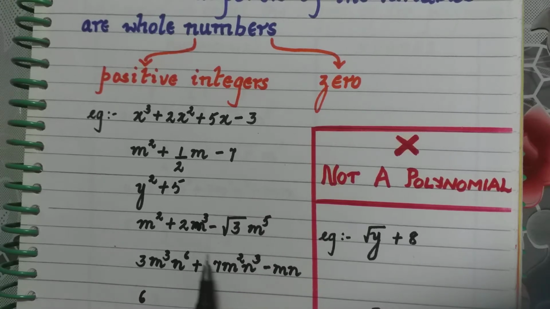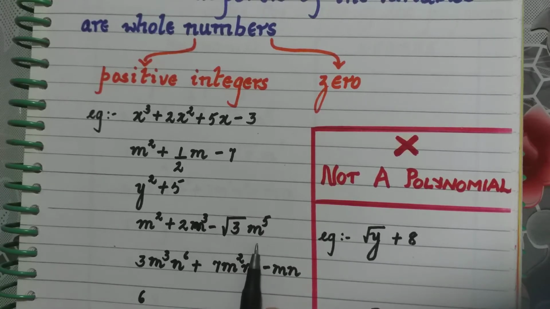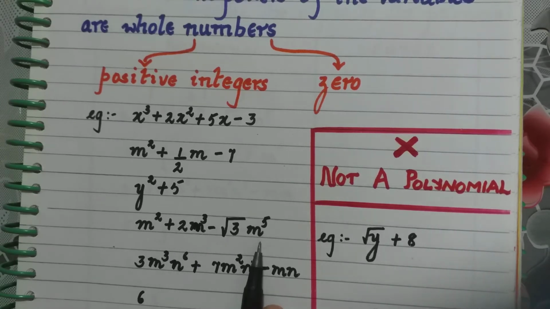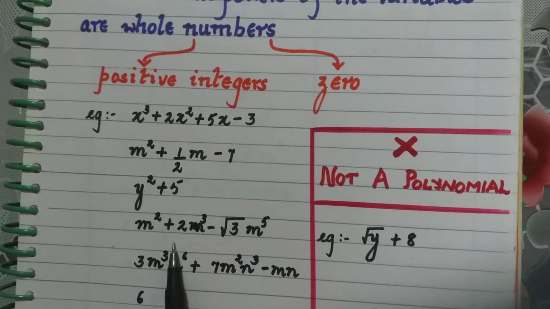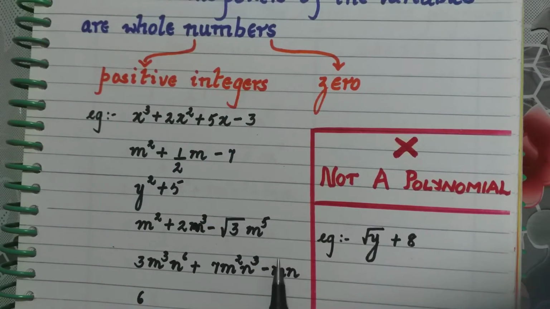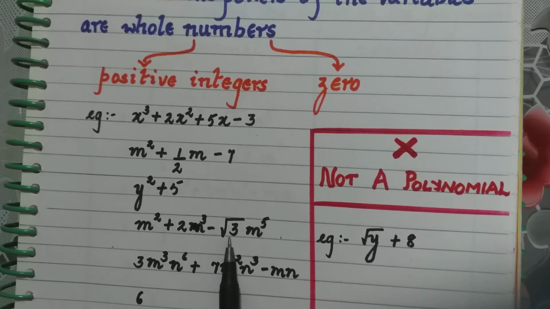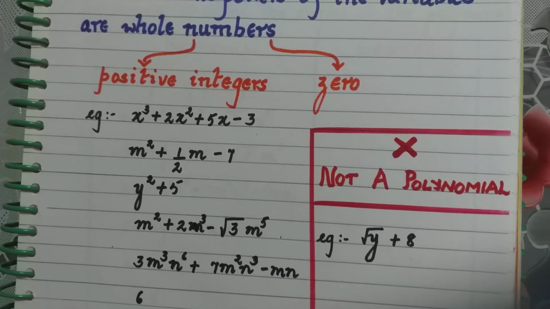So this polynomial is in m. If it is in m, m is the variable. What are the powers here? 2, 3 and 5. All of them are positive integers. Therefore, it is a polynomial. What is the coefficient of this m raised to 5? It is minus root 3. But that is only the coefficient. So, still this will be a polynomial.